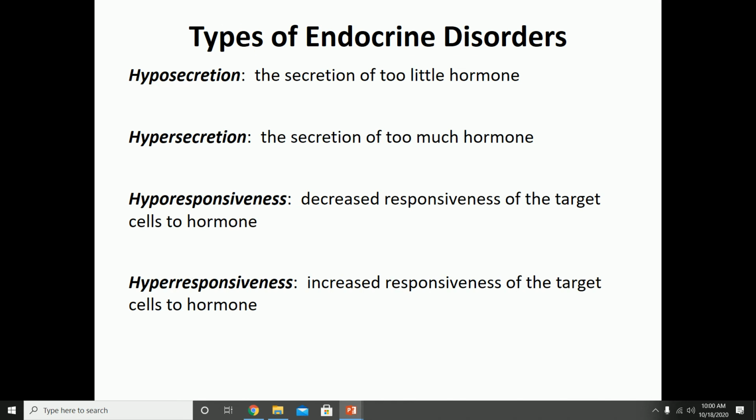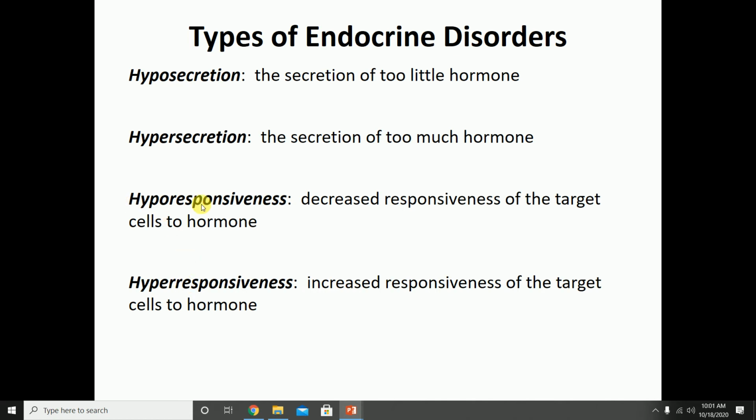Now, what are the different kinds of endocrine disorders? We have either hypo or hyper secretion, which are either making too little or too much hormone. Or the levels of hormones are fine, but there's a problem in the target cells, a problem most probably in the receptors. So it's either hypo-responsiveness or hyper-responsiveness.